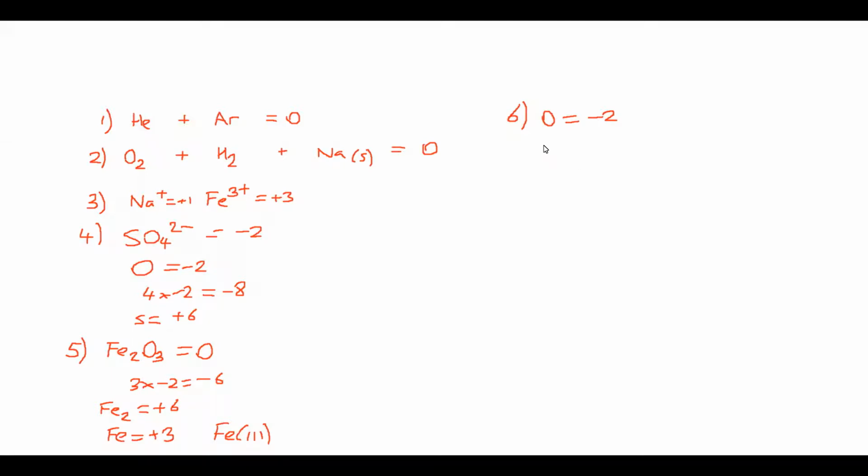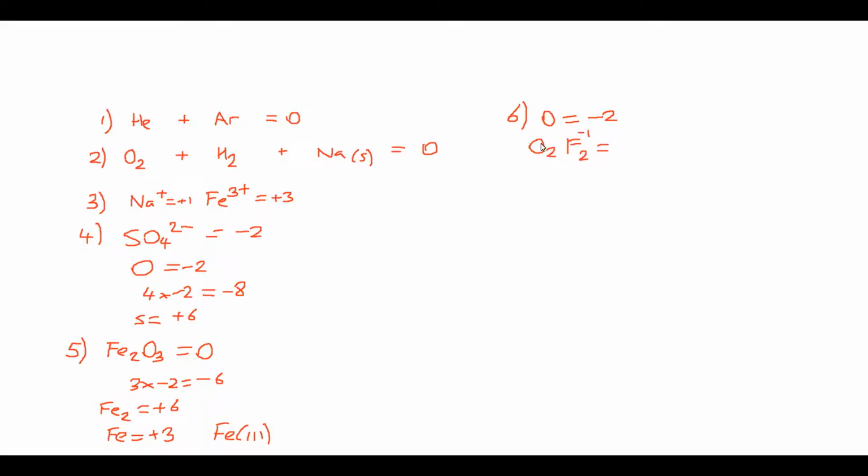So if oxygen is paired with a more electronegative atom, such as fluorine, then we get an oxidation state of plus instead of minus, because the fluorine will always have the oxidation state of -1, being in group 7 and being the most electronegative atom. So that means in this case, oxygen, as the overall charge is 0, must have an oxidation state of +1, as we have -1 for each of the fluorines, so -2 overall.